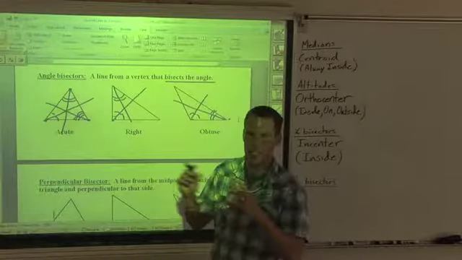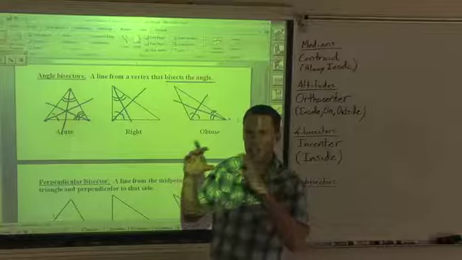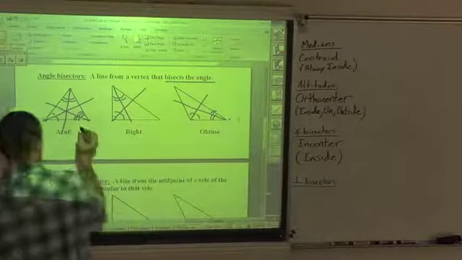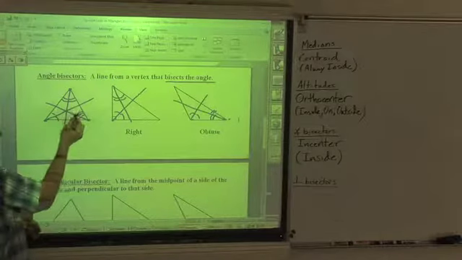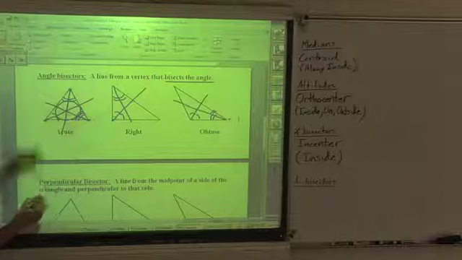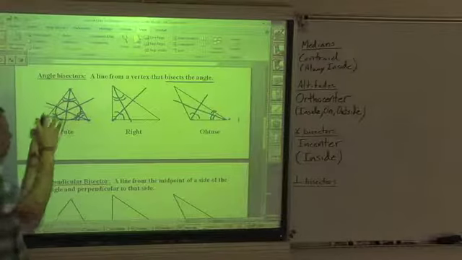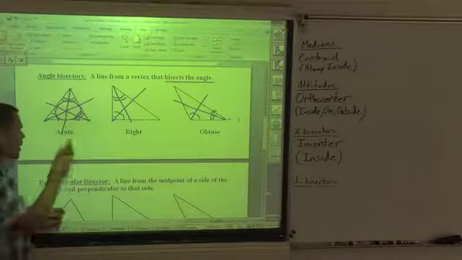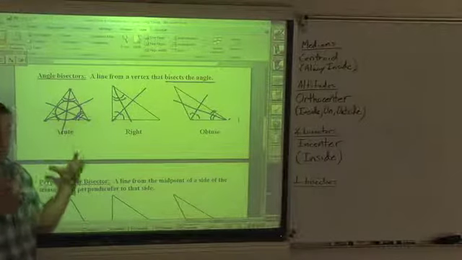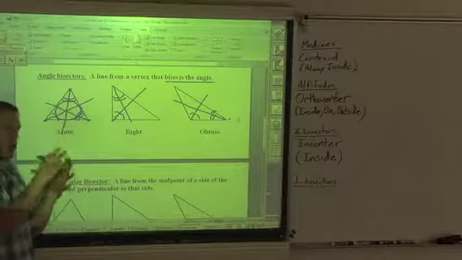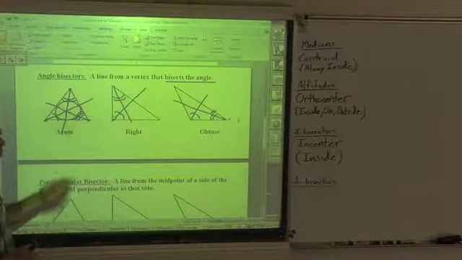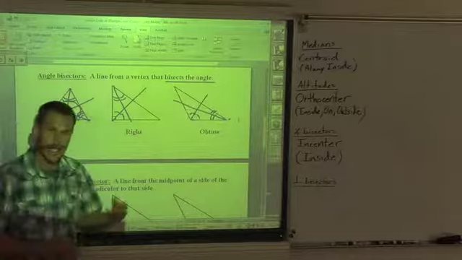It represents the center of the largest circle that can fit inside the triangle. If I drew a circle that could fit inside that triangle, just barely sliding through, that would be the center of that circle. And it represents the largest possible circle that could go through the triangle. That's what the incenter does, and why this incenter is always inside the triangle.